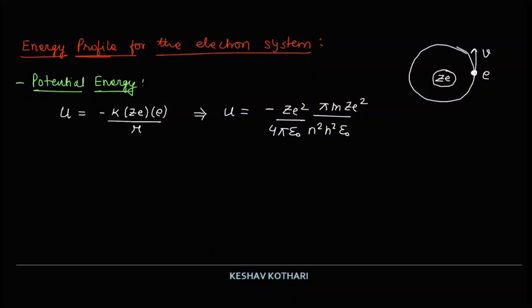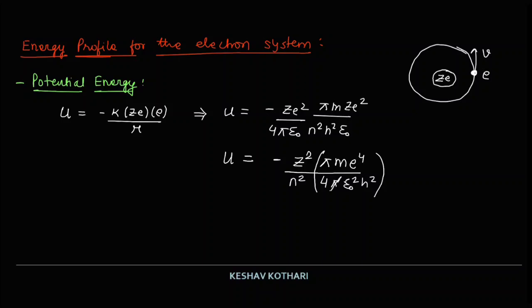So this is the expression for the potential energy that we are evaluating, and on simplifying we can write U is equal to minus of Z square pi m e to the power 4 upon n square into 4 pi epsilon naught square h square. So over here we are attaining an expression like this.